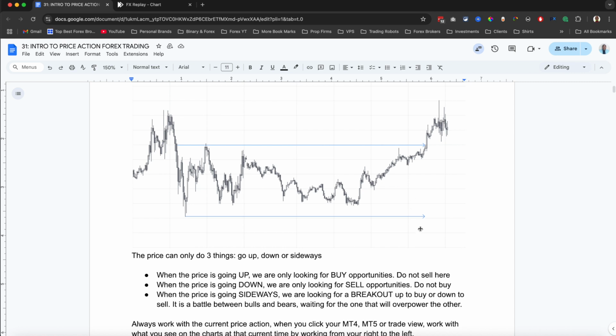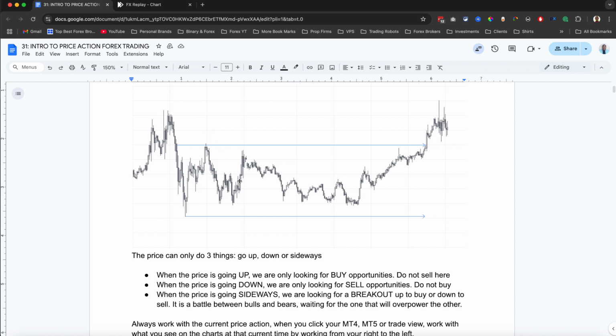If it breaks downwards, then we're looking for sell opportunities. But inside the sideways range you can't buy or sell. For example, the price was going down and I look for a sell opportunity, then when it reaches here, it reverses. So it is kind of messed up in this situation.